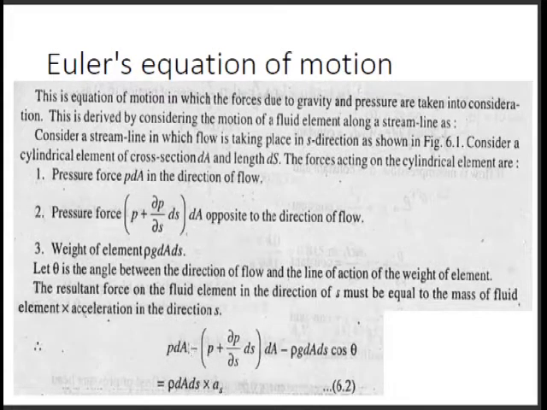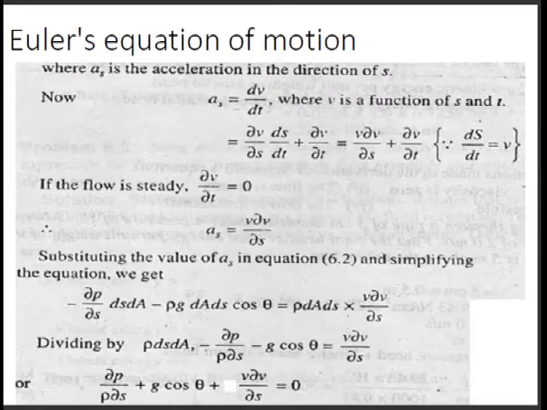Here P dA cancels out, and the remaining terms are minus ∂P/∂s ds dA minus rho g dA ds cos theta, equal to rho dA ds into, instead of a_s, we write v ∂v/∂s.